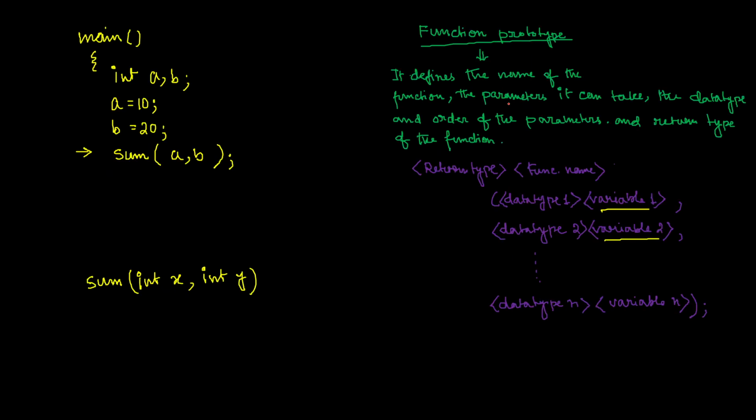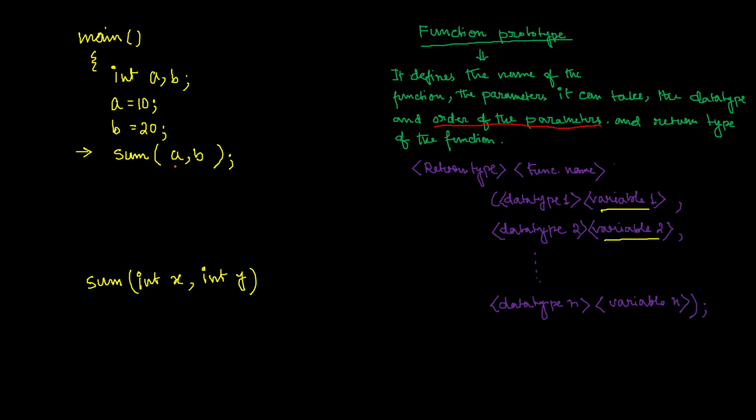That is why I have written here the data type. It defines the name of the function, the parameters it can take, the data types, and the order of the parameters. Why is order very important? Because it is not mandatory that in the parameter list you will have a similar data type every time. You may have a mixture of data types.